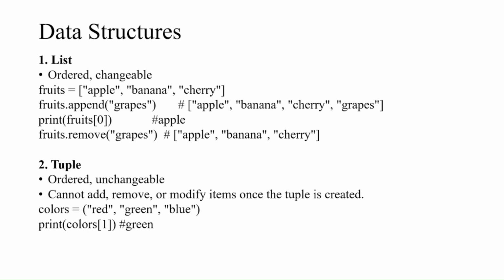Changeable means the items in the list can be added and removed. Here we use append to add and remove the items, and we can do indexing, we can slice the list, and we can find the length of the list. I will show everything with an example.